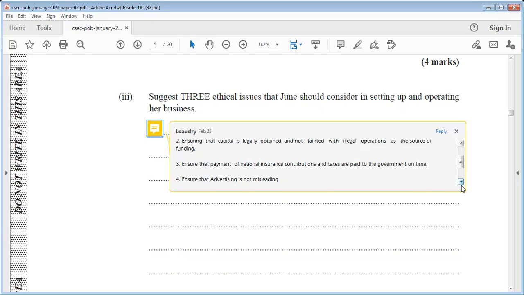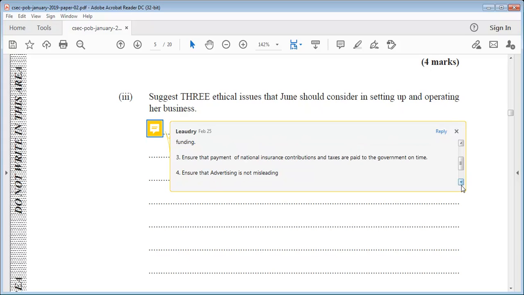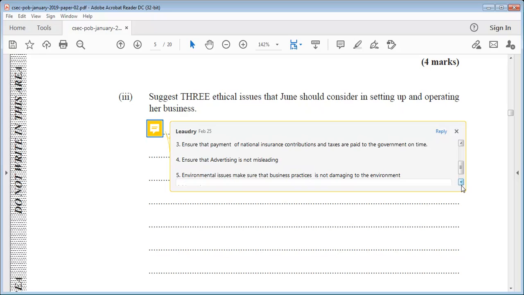Another ethical issue, she would ensure that national insurance contributions and taxes are paid to the government on time. Another thing she should consider is that the type of advertisement she's using is not misleading the public.